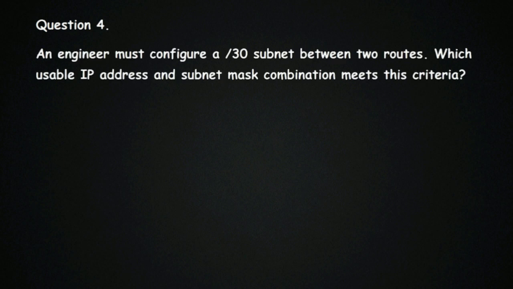Question 4. An engineer must configure a /30 subnet between 2 routers. Which usable IP address and subnet mask combination meets this criteria?